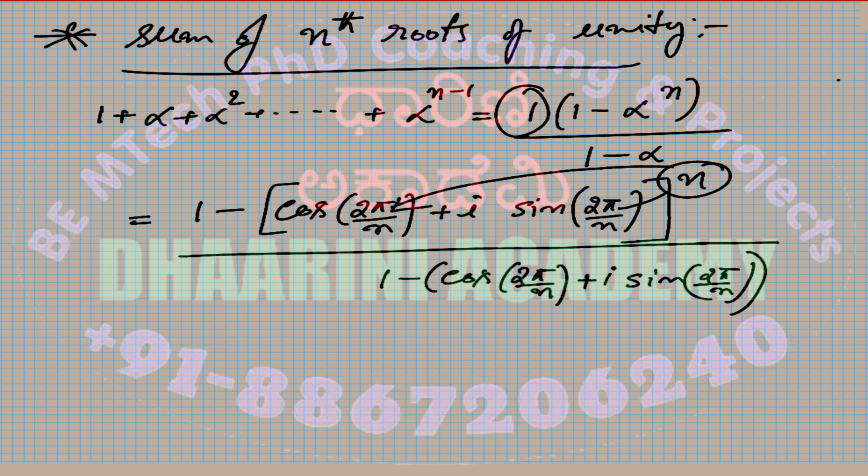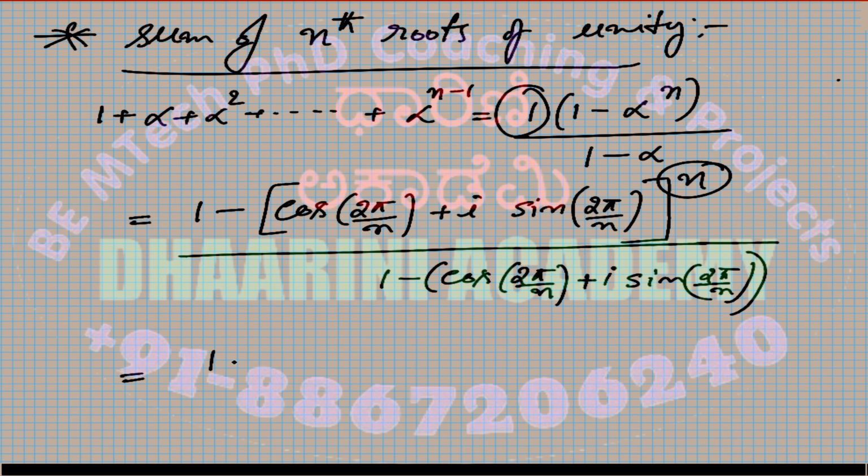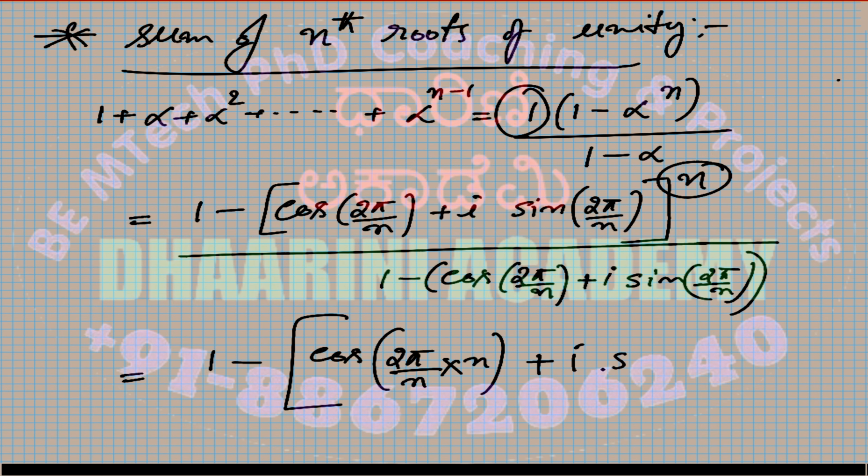So this is equal to 1 minus cos of 2 pi by n into n plus i times sine of 2 pi by n into n.